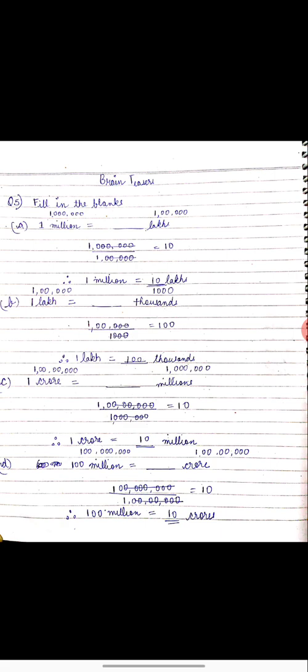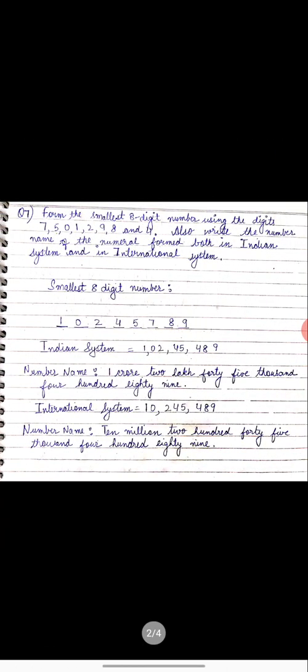Below is 1 crore and 1 crore has how many zeros? 7 zeros. So you will simply cut 7 zeros from below with the 7 zeros on the top. Always remember, you can cut an equal number of zeros. And what remains? 10. That means to make 100 million, 10 crores are needed. Now, look at the next question.